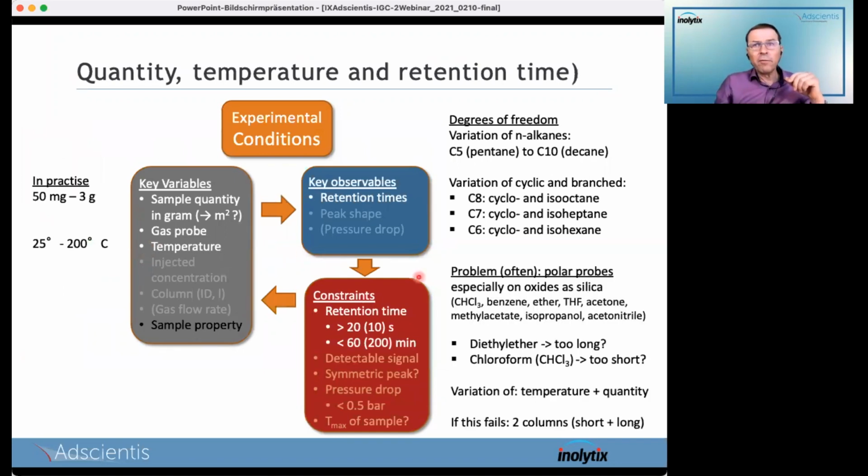Now, problems are often polar probes, especially on oxides such as silica. I've written here all the polar probes which we usually try to employ. And when we start this kind of experiments, we have two things to consider. The first one is the ethyl ether. Is it too long?